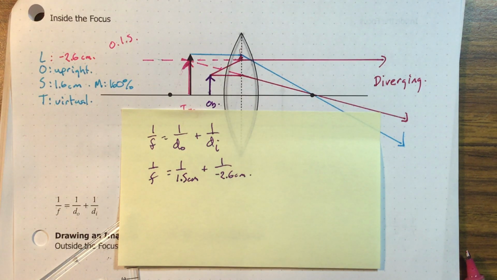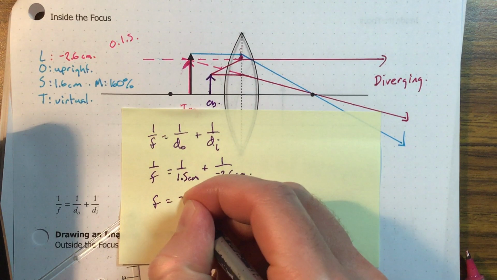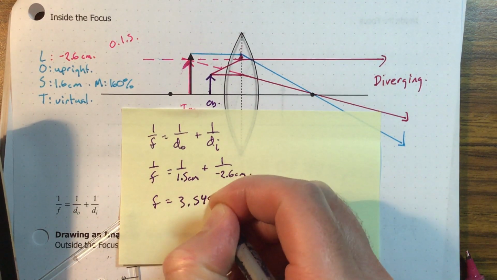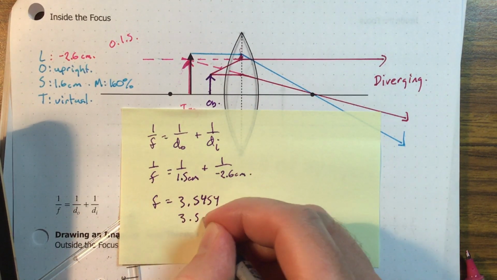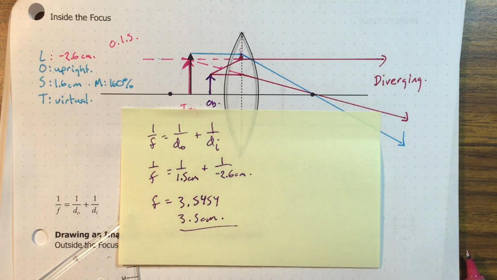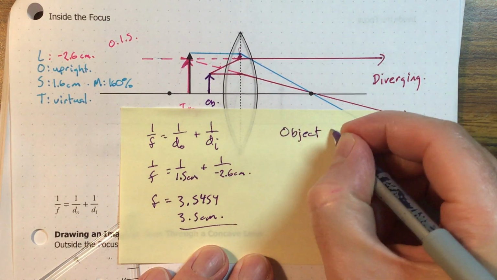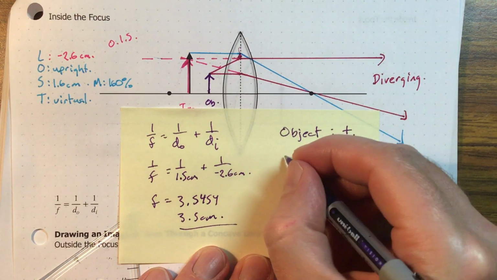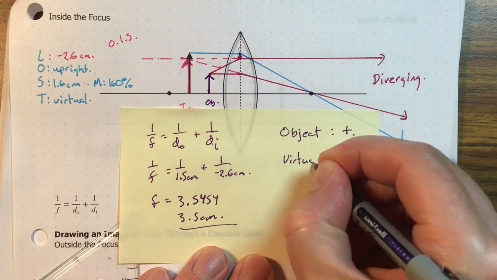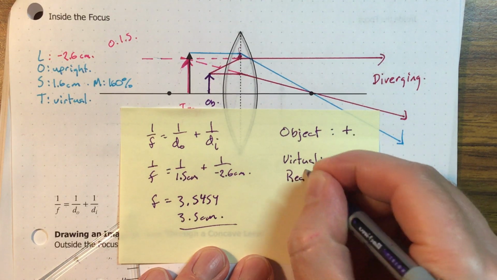That gives me a focal length of 3.5454, or just 3.5 centimeters, which, as we showed before, was pretty darn close. So our object always has a positive distance. Virtual images have negative distances. Real images have positive distances.